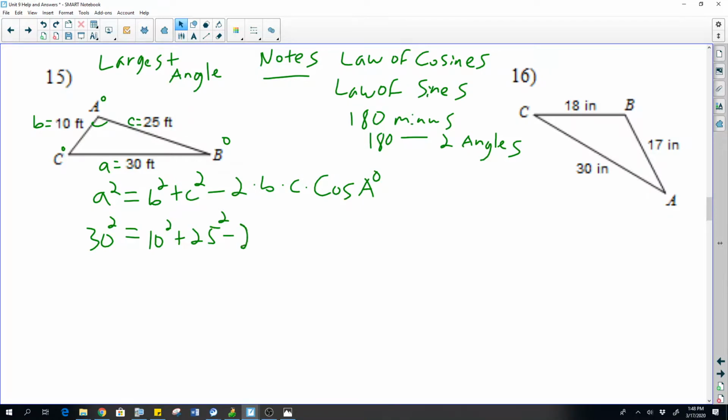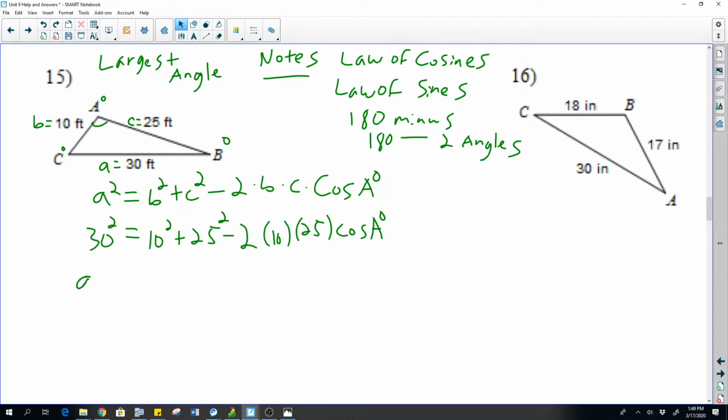So minus 2 times little b is 10, and little c is 25, cosine of angle A. Now we're set up to solve for angle A. Then we can use the law of sines next, and then 180 minus the 2 angles.